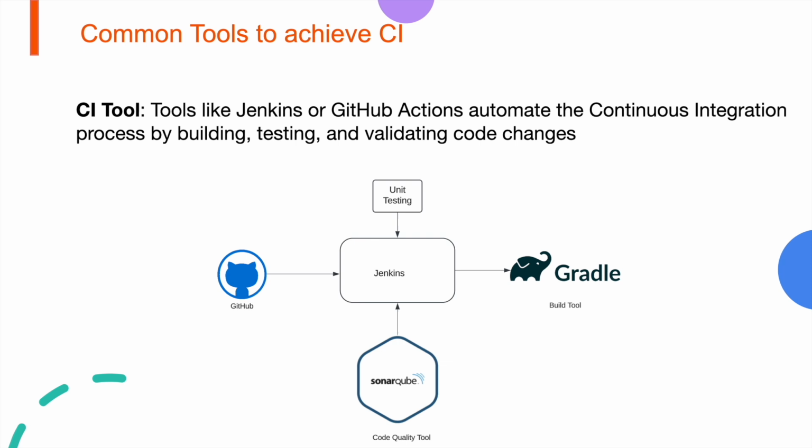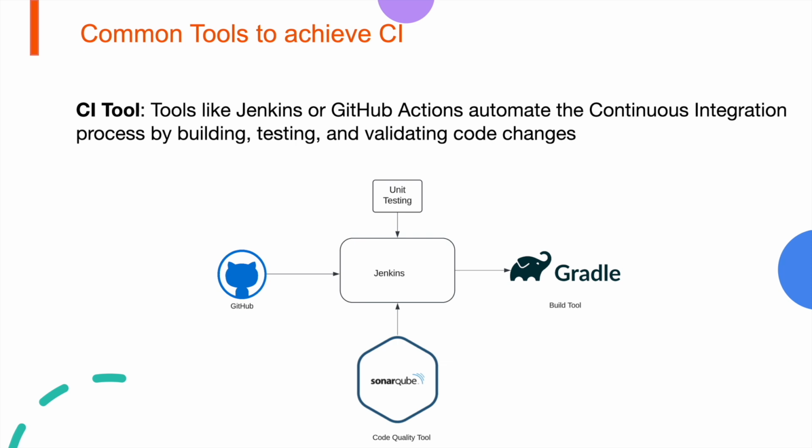Testing frameworks. Testing is very important in terms of CI. Jenkins allows you to run unit tests, integration tests, or any type of test using popular testing frameworks like JUnit or Selenium. So it ensures that the code changes you have made are not breaking the application. And finally, to build your code, you need a build tool.